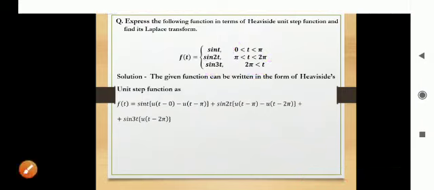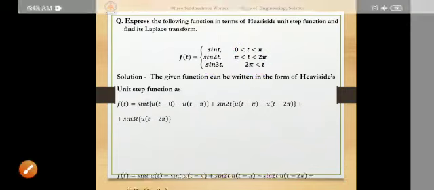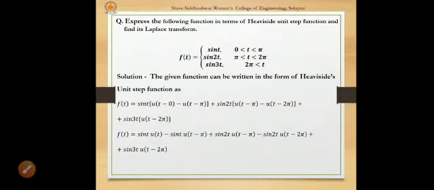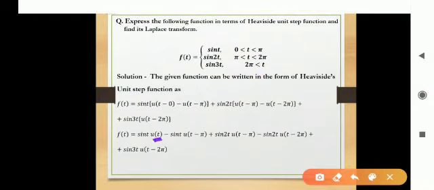Now you have to simplify this. So here it is clear, u of t only, u of t minus pi. Just multiply the terms inside the bracket by the corresponding sine t, sine 2t or sine 3t terms. So this step is very simple, just to remove the brackets.